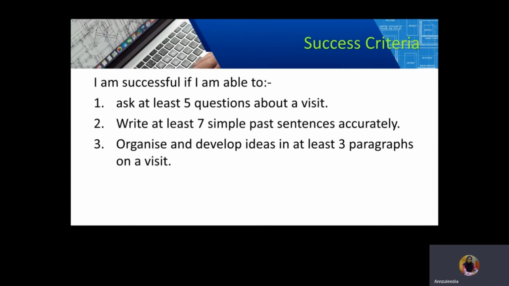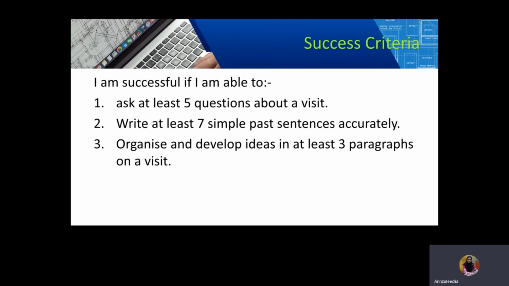Number 2, I'm successful if I'm able to write at least 7 sentences using simple past tense accurately. And number 3, I am able to organize and develop ideas in at least 3 paragraphs about a visit. Those are the success criteria.